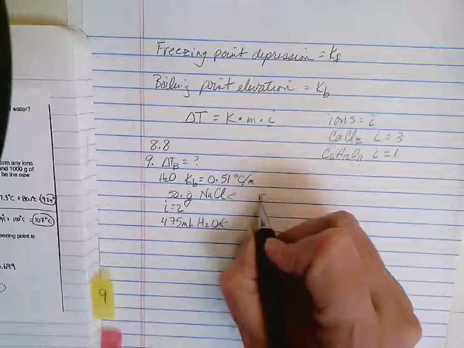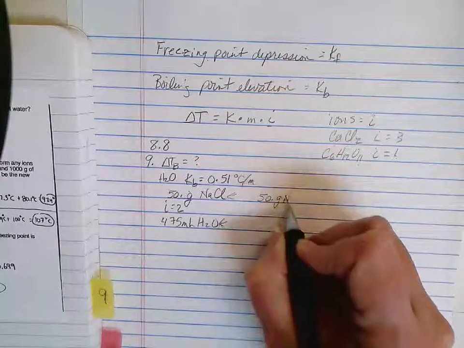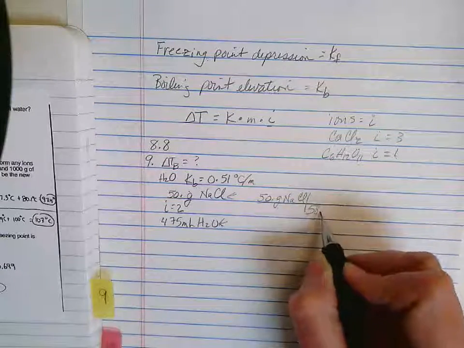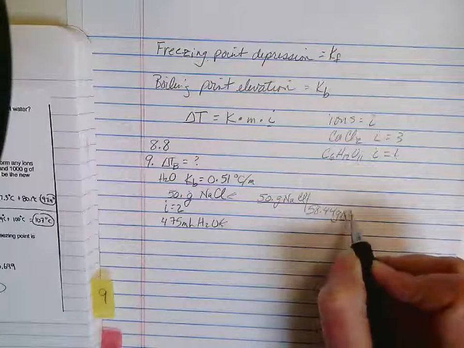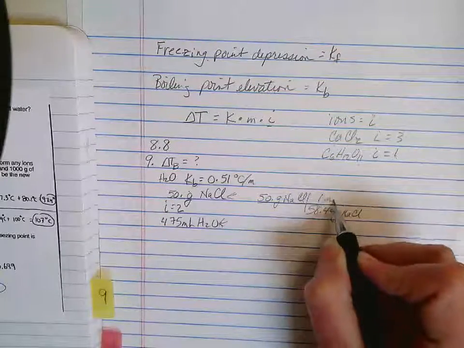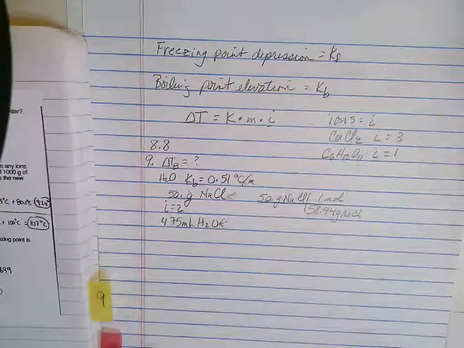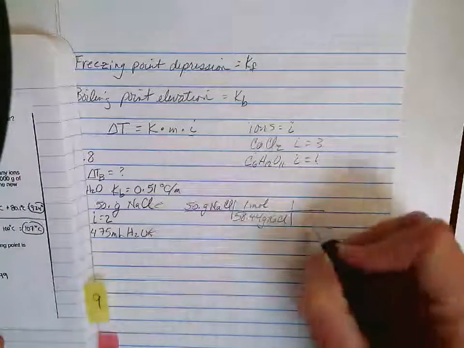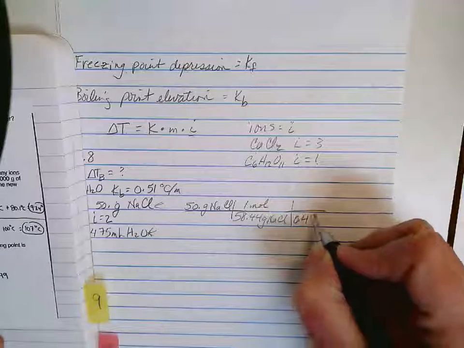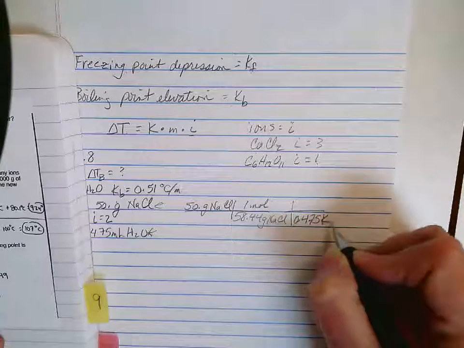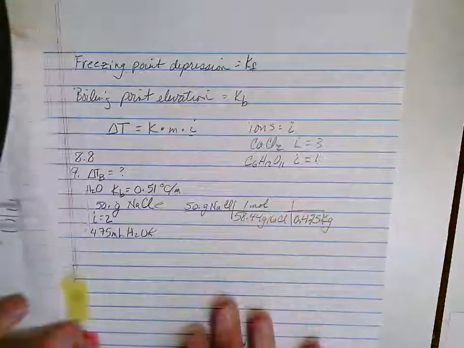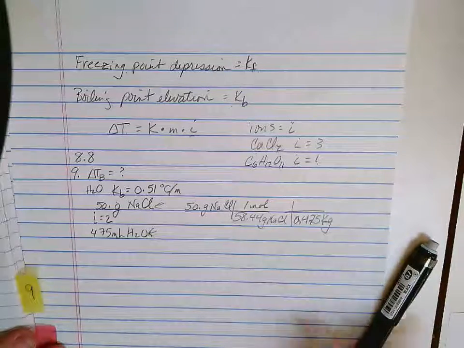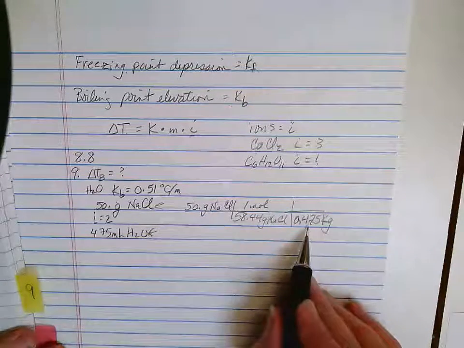So that means I have to use these two pieces of data to determine my molality. I'm going to take my 50 grams NaCl, and it's 58.44 grams of NaCl for 1 mole. Then I'm going to divide that number by my kilograms, which is 0.475 kilograms, because again, 1 milliliter equals 1 gram, and I divide that by 1,000.